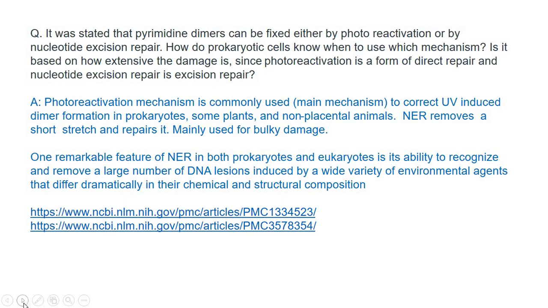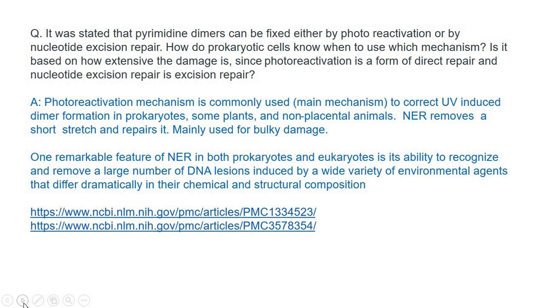When the damage is caused by other carcinogens or other environmental agents, those corrections are usually made by NER, because NER, in both prokaryotes and eukaryotes, can recognize and remove a large number of DNA lesions that might have been induced by a wide variety of environmental agents.